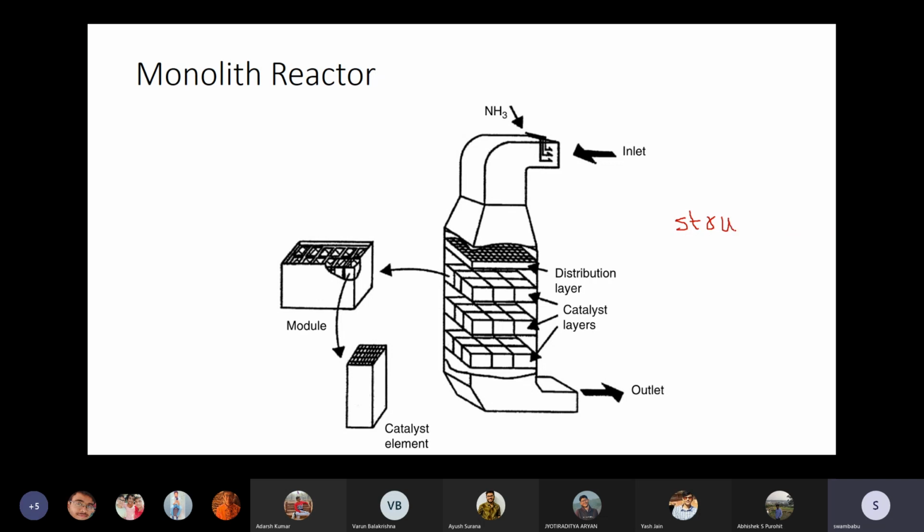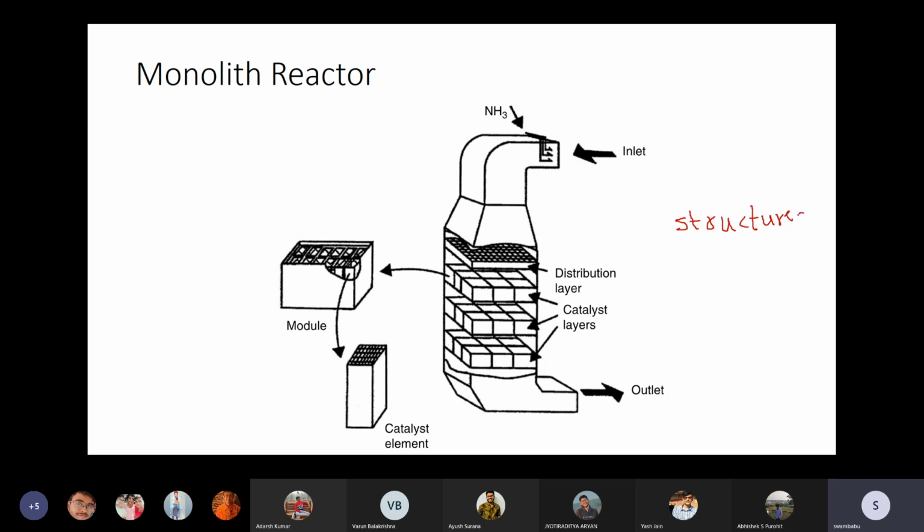All the catalyst particles or packing materials in a distillation column or absorption column are randomly dumped. But these monolith reactors are structured packing, like the mesh type of reactors which I showed in the ammonia conversion.